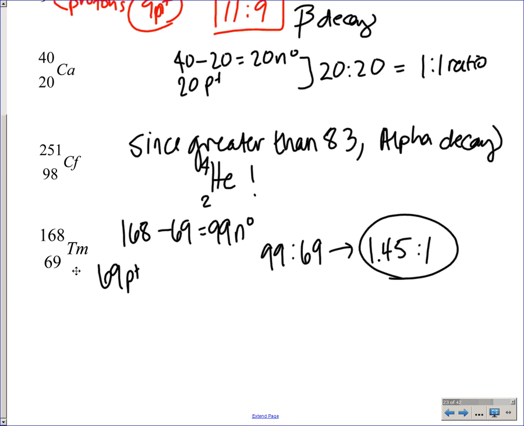It may be considered too high of a ratio, since 82 is the largest at 1.5, and 1.45 is very close to 1.5. So in my opinion, this nucleus is unstable and needs to lose neutrons to decrease that ratio just a little bit. We're not going to say how much because nobody really knows. We're just going to say that it needs to lose neutrons to decrease that 1.45 value. The way you lose neutrons is via electron capture or positron decay.